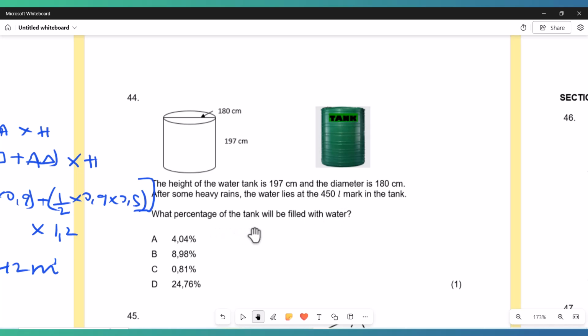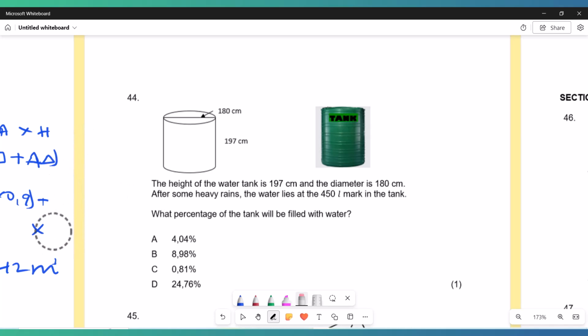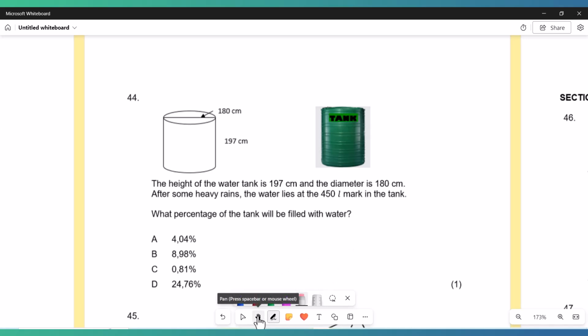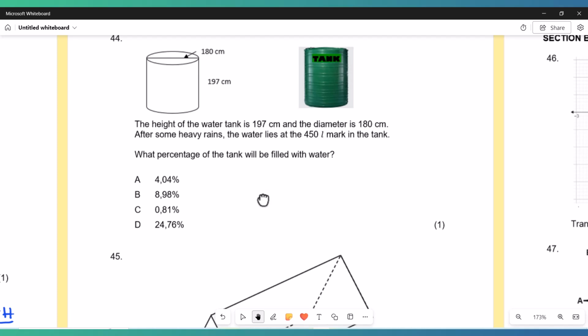What percentage of the water tank will be filled with water?